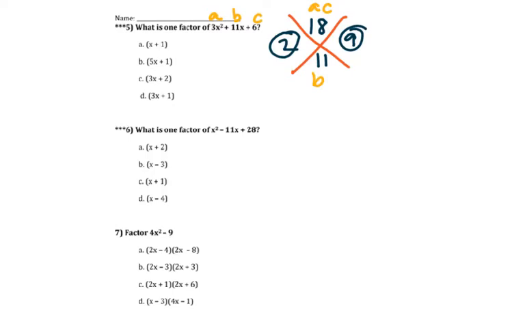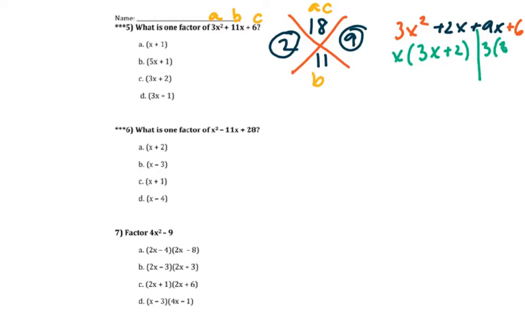So this one here says 3x squared. I'm replacing the middle with a 2x and a 9x. The number in the back, positive 6. Split the middle. They have an x in common. That leaves you with a 3x plus 2. On the other side, they have a 3 I could take out, leaving me with 3x plus 2.